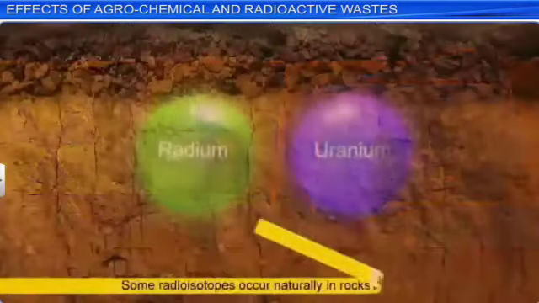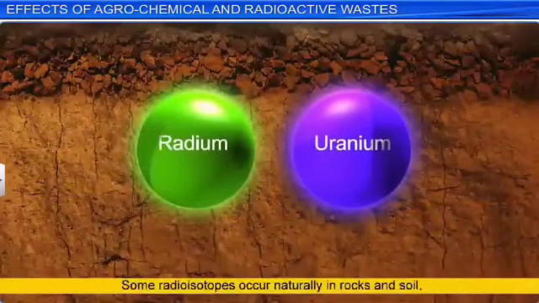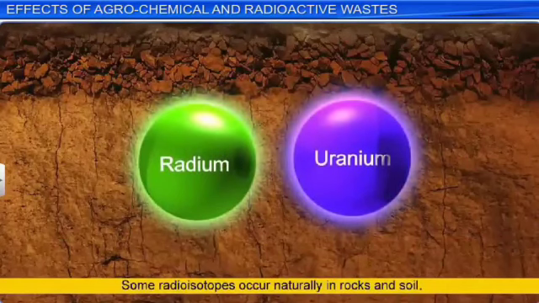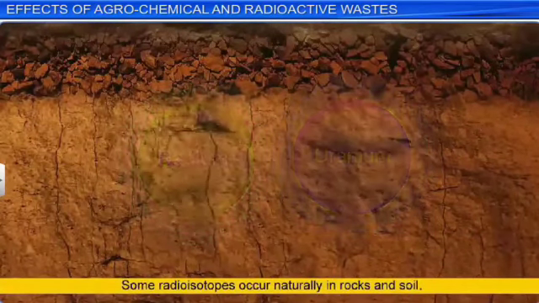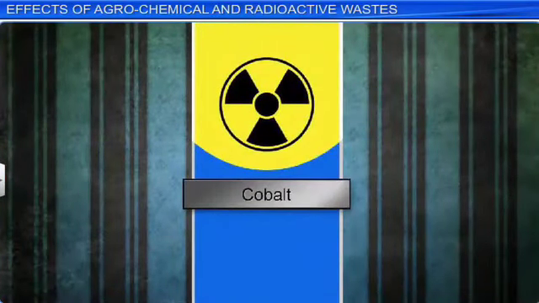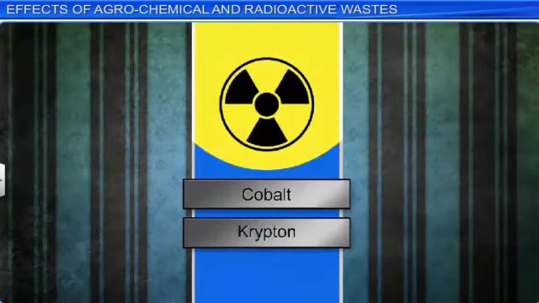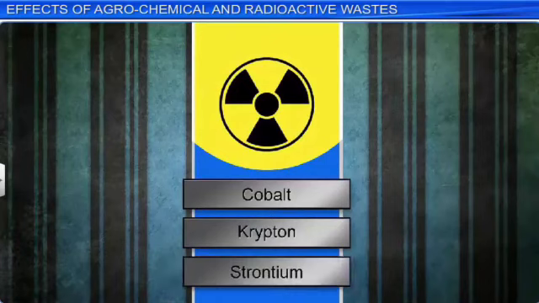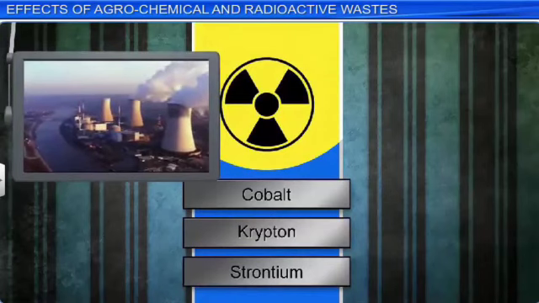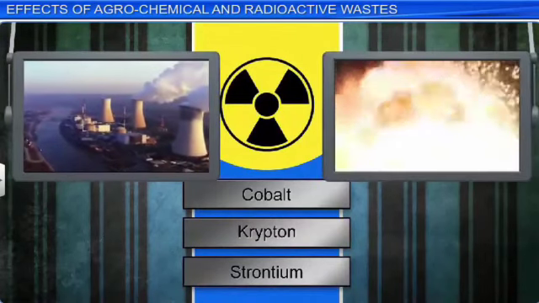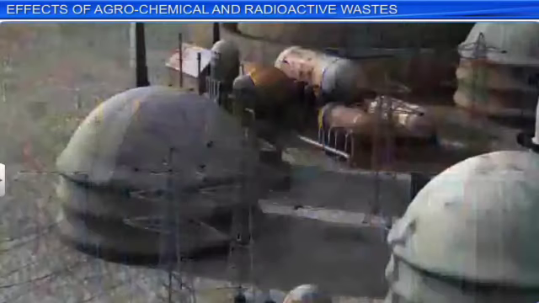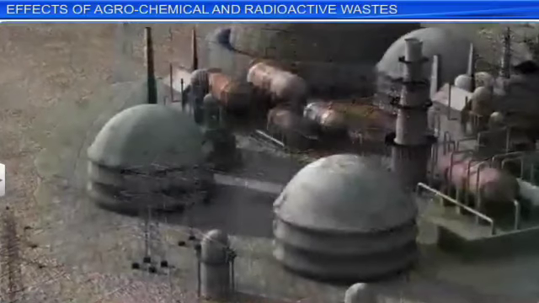Although some radioisotopes such as radium-226 and uranium-235 occur naturally in rocks and soil, others like cobalt-60, krypton-85 and strontium-90 are formed as fission products from nuclear reactors and atomic bomb fallout. Initially, nuclear energy was used in a non-polluting way to generate electricity.